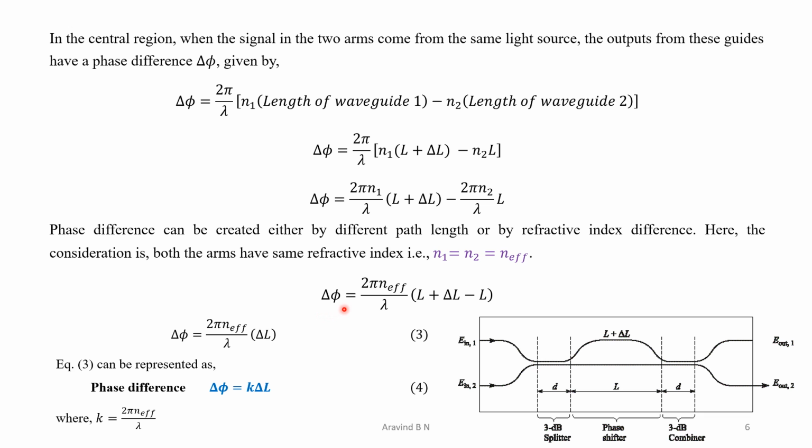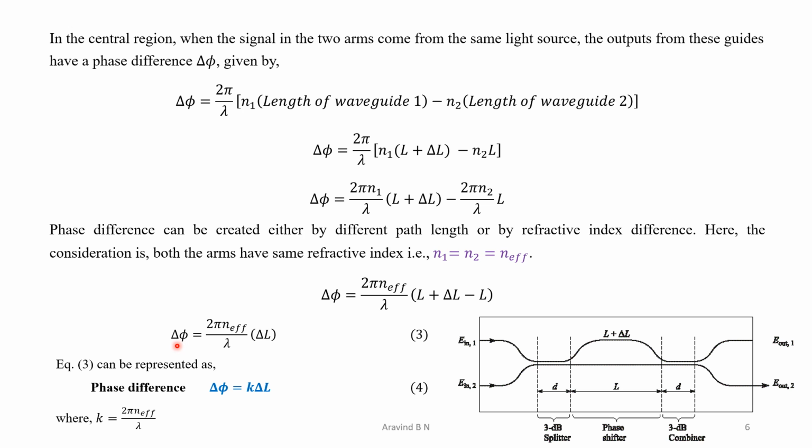So delta phi is equal to 2 pi N effective divided by lambda, taken as common, into L plus delta L minus L. So this minus L and plus L will cancel.